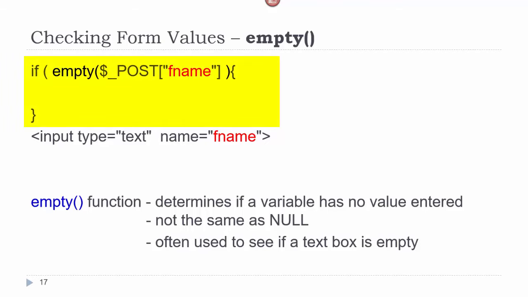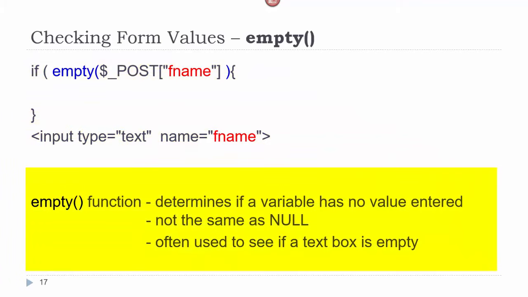The empty function is used to check whether the form element's value is empty or nothing. Here again, if a text box is not filled in, it will return a value of empty or nothing. So we can use this in an if condition.